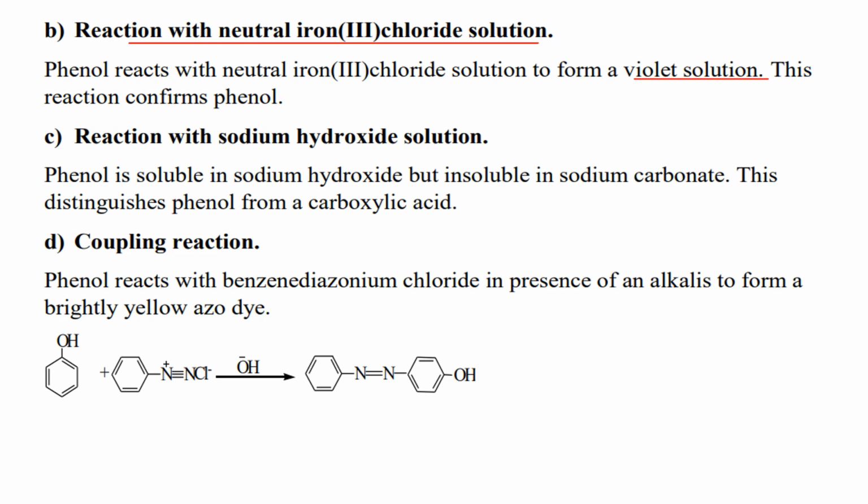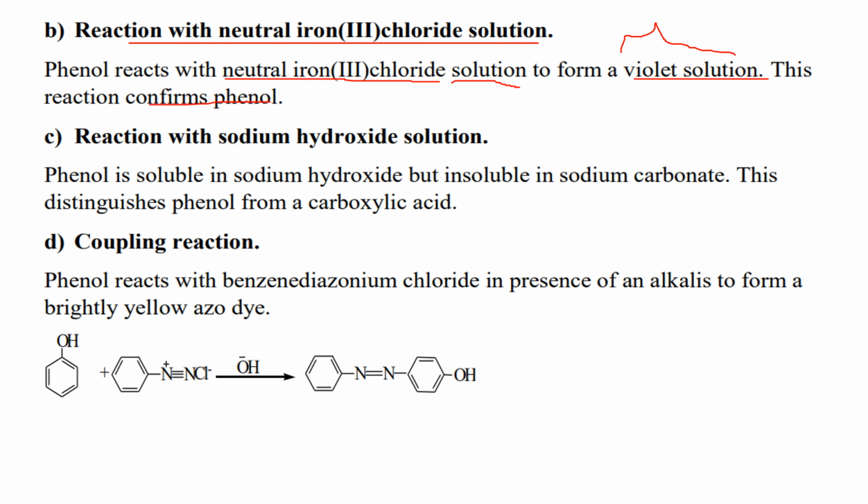So if they ask you for a reagent that distinguishes phenol from any other compounds, it's strictly neutral iron(III) chloride solution. The mistake most of you make is that when writing this reagent, you stop at neutral iron(III) chloride. The word solution must be present. So it must be neutral iron(III) chloride solution, and the observation is that a violet solution, or a purple coloration, is formed.